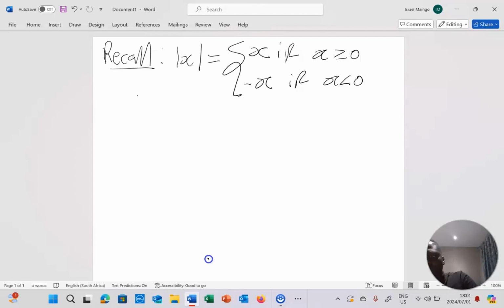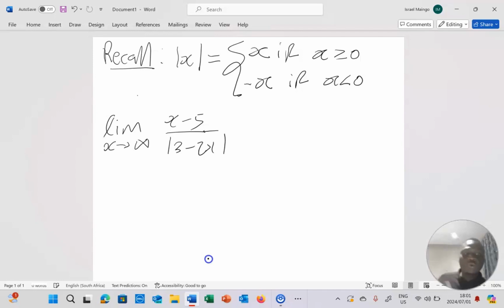So now let's evaluate the limit as x approaches infinity of x minus 5 all divided by the absolute value of 3 minus 2x. Now let's look at this problem.